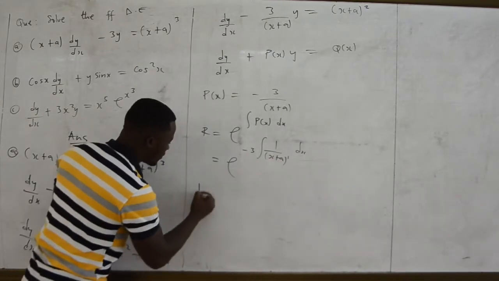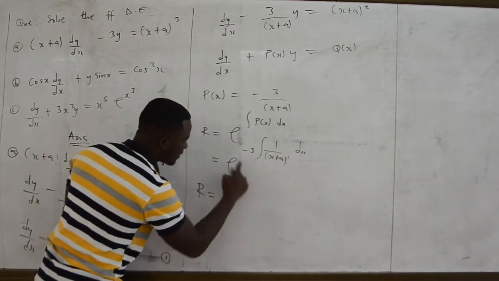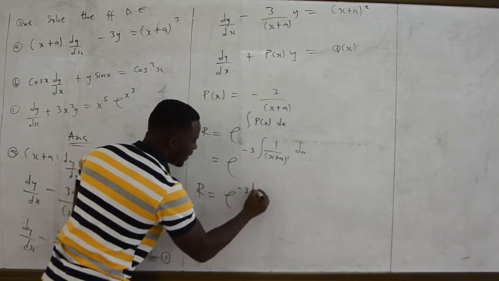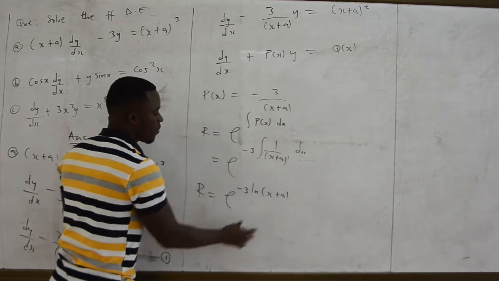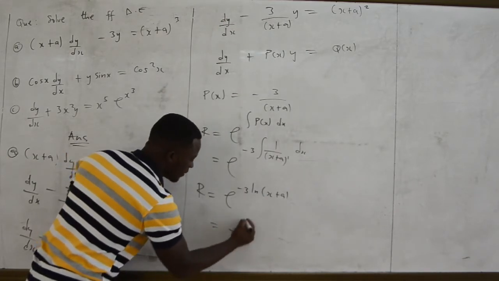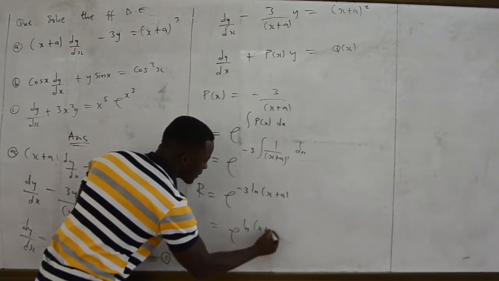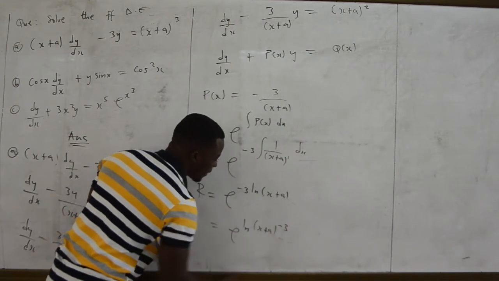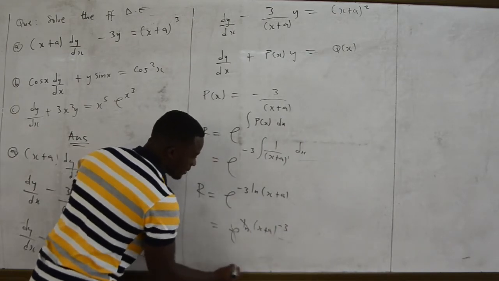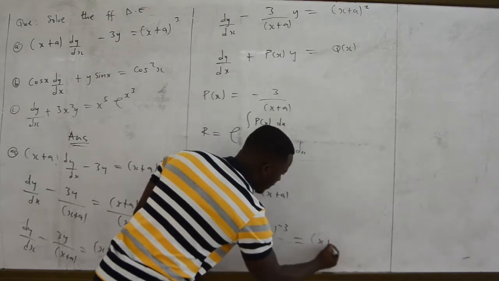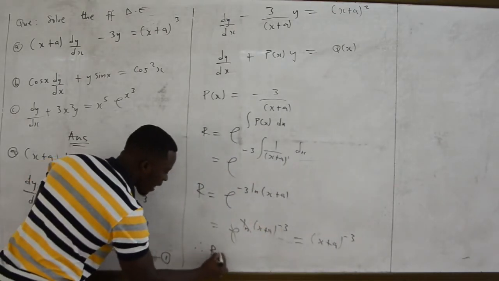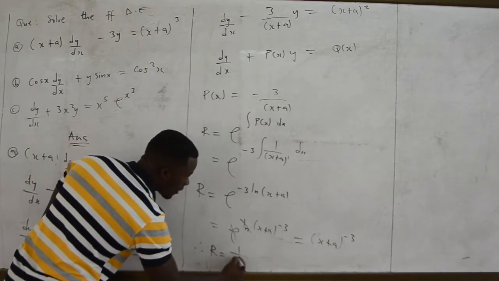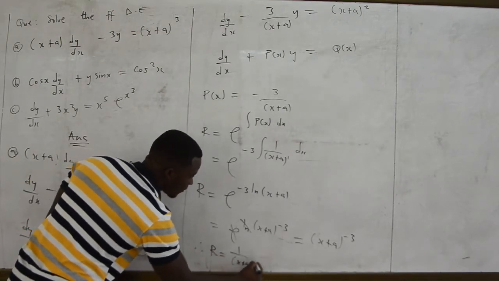Then my integrating factor r is e to the power of negative 3 ln of x plus a. Rewriting this, I have e to the power of ln of (x plus a) to the power of negative 3, and we may cancel it, giving x plus a to the power of minus 3. Therefore, my integrating factor r is equal to 1 over (x plus a) to the power of 3.